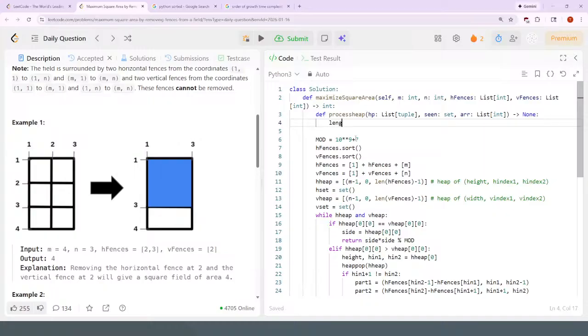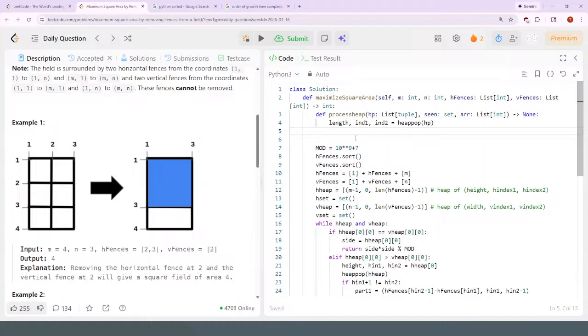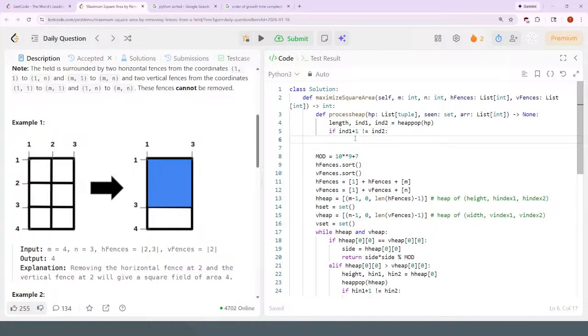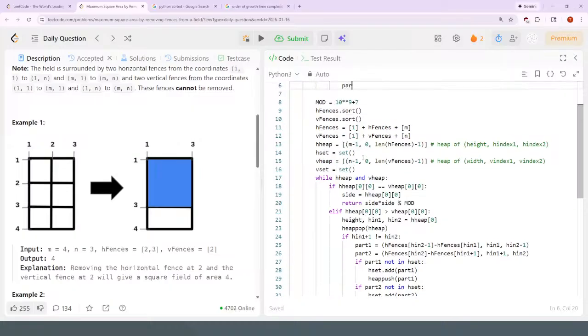So I'll use length, index 1, index 2 is equal to the heap pop of this heap. If index 1 plus 1 not equal to index 2, then do this logic here. Part 1 is the tuple of the array at index 2 minus 1 minus array at index 1, to index 2 minus 1.